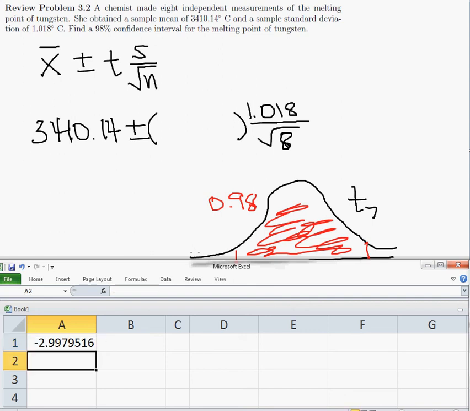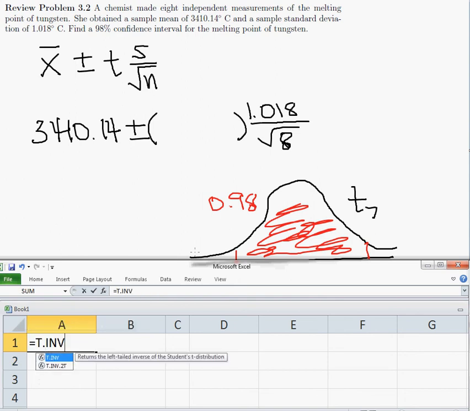That would return the negative number, negative 2.998, basically. Another way this can be done would be t.inv of 0.99 with 7 degrees of freedom. And this would return the positive value, so that 99% of the area lies to the left, so 2.998 again.